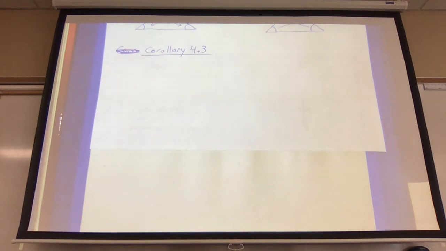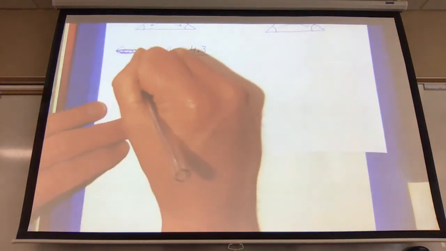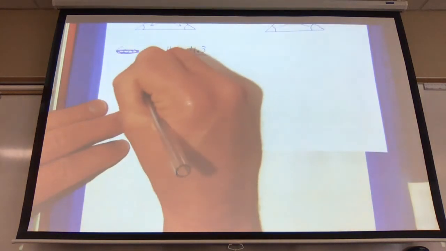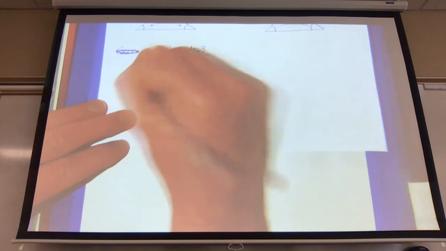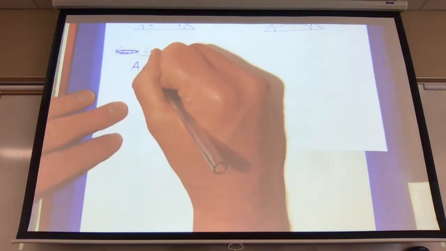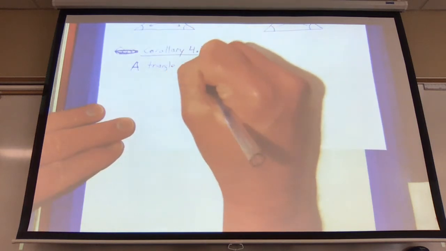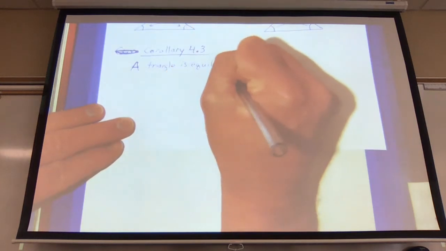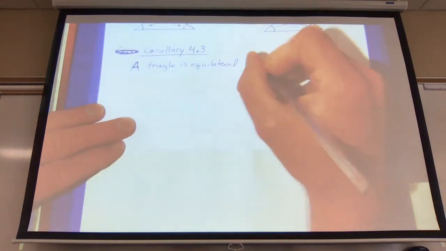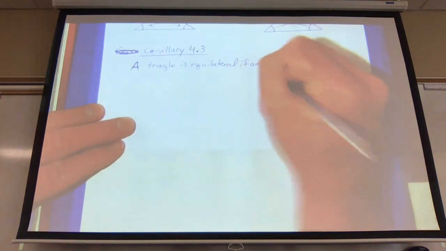And this one I am going to put the words on here just so you can see where this is going. It says, oops, it's supposed to be an A. It says a triangle is equilateral if and only if it's equiangular.